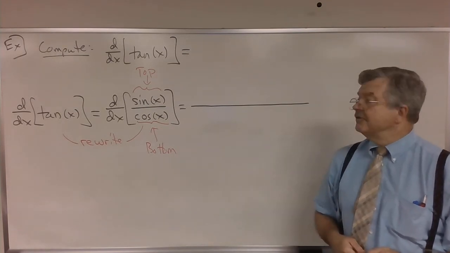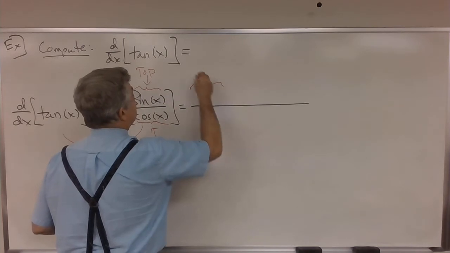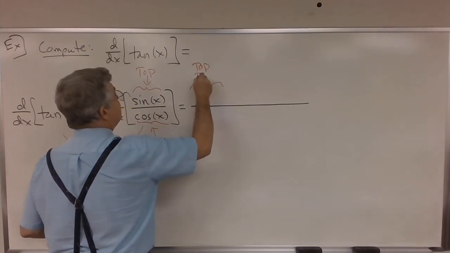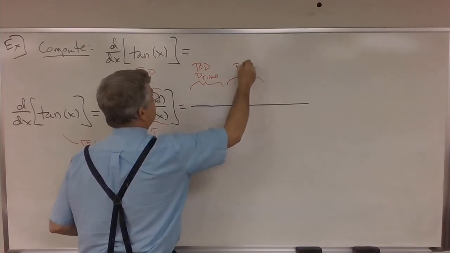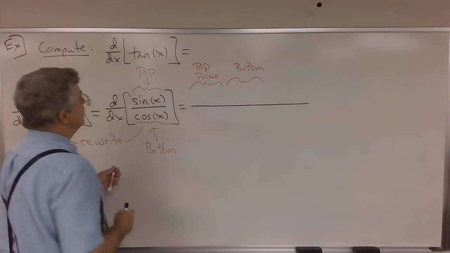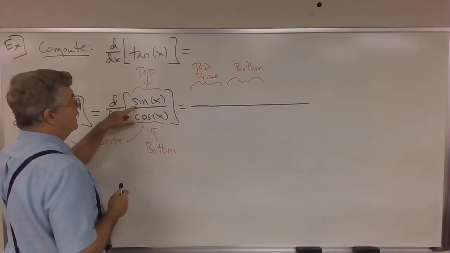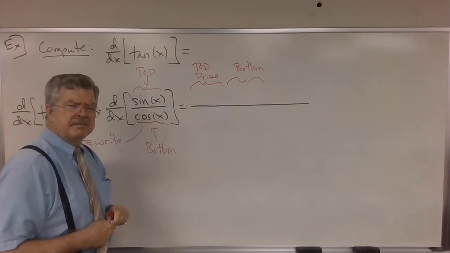I got it. So top prime times the bottom. Top prime times the bottom. What's the derivative of sine of x?